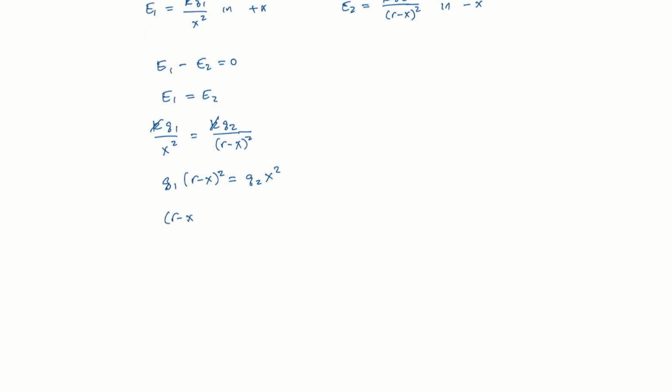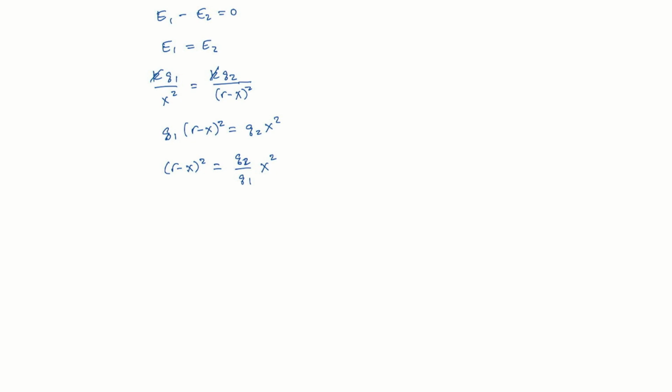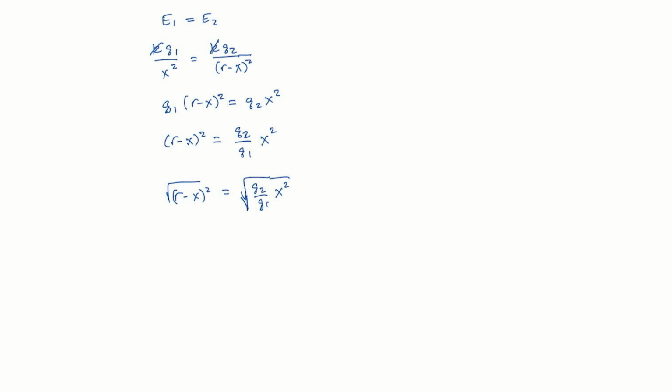We've got R minus X squared is Q2 over Q1 times X squared. Now we can take the square root of both sides. So we have the square root of the quantity R minus X squared equals the square root of Q2 over Q1 times X squared.